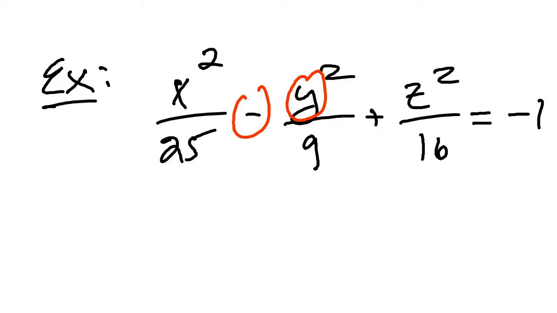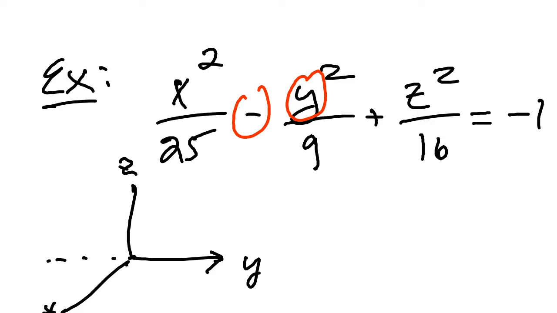And so the reality is those two ball caps are going to be going along the y-axis. Okay, so if I'm going to graph this thing, it's going to go along the y-axis. And here's z, here's x. But anyway, if I let y equals 0, I'm going to go back to red.